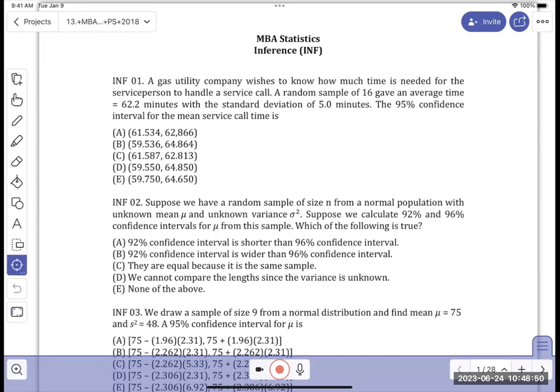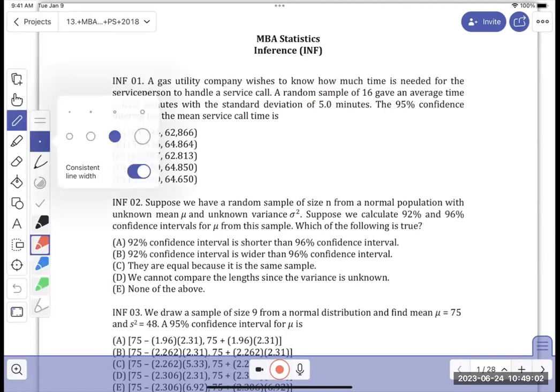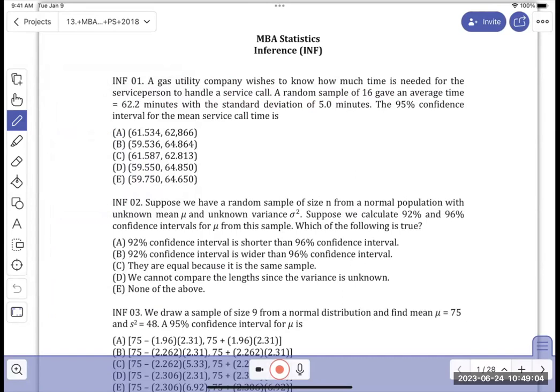A gas utility company wishes to know how much time is needed for the service person to handle a service call. A random sample of 16. So let's not waste any time. Let's start identifying what we have. So this is a sample. Sorry, let me do that again.